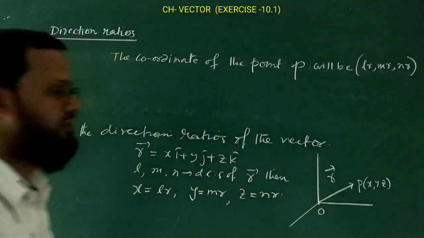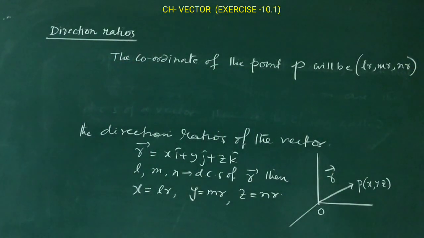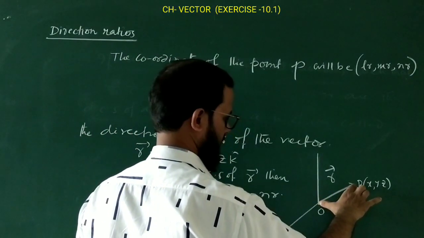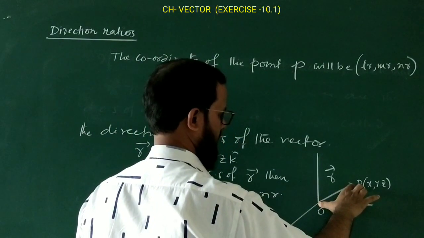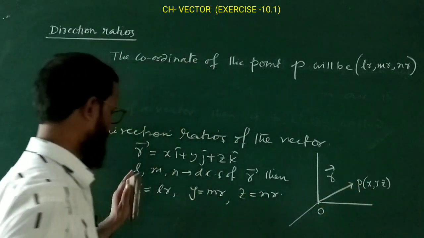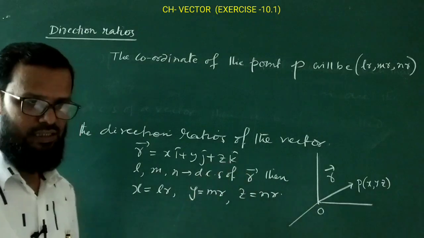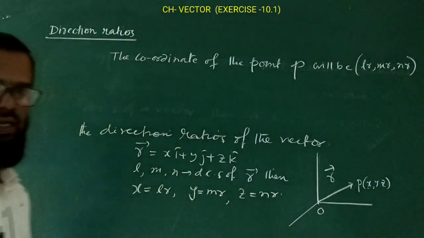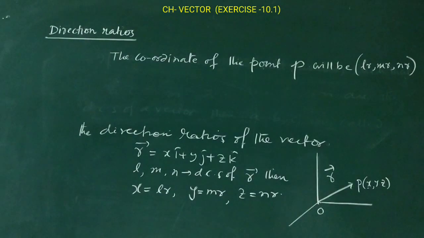This is the coordinate of the point. That means if you know the OP vector, you know its magnitude, which is r. And if you know l, m, n, the direction cosines of r vector, then you can easily write the coordinates of the point x, y, z. Yes or no?